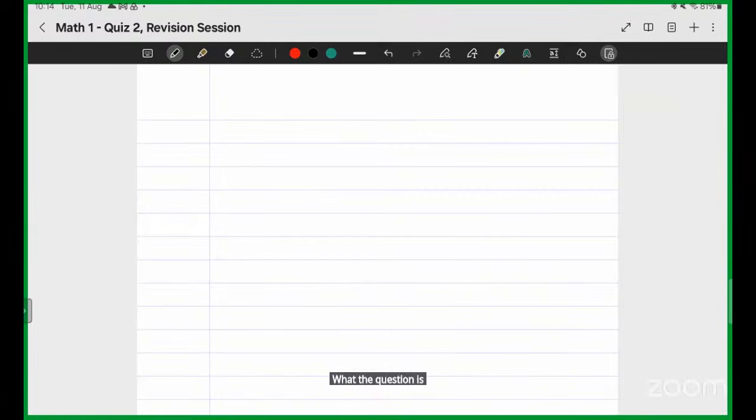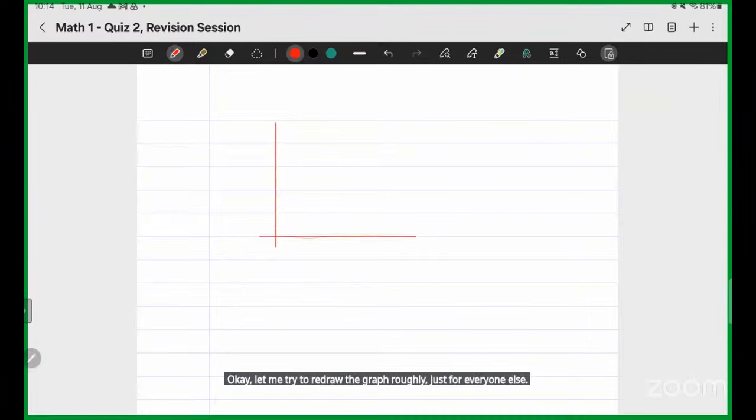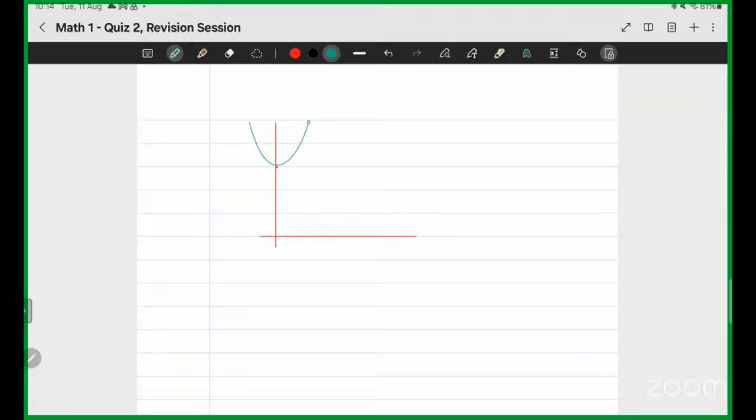Let me try to redraw the graph roughly just for everyone else. So you have your function, at 6 you have something like this, and then at 2 it is solid all the way up to 4, which also goes to 10, something like this.